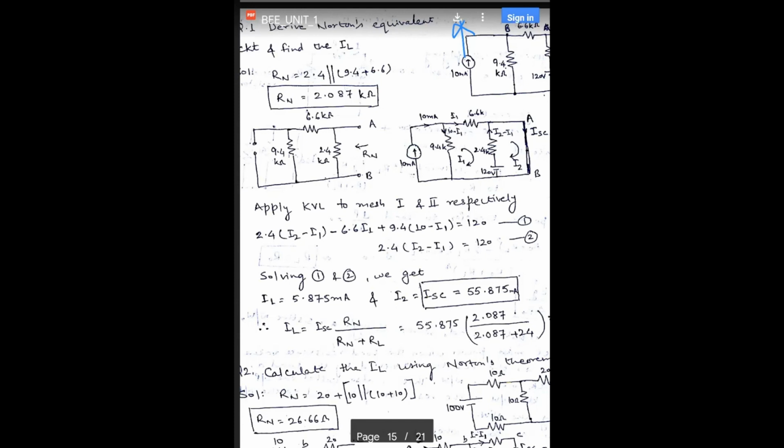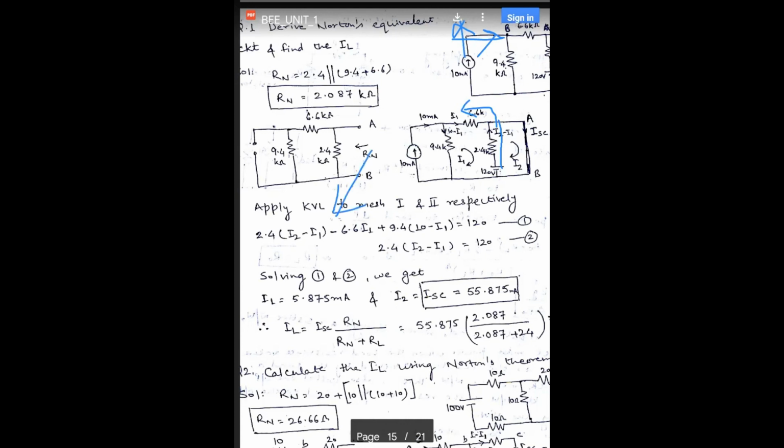So the 120 volt battery is enabling the current to flow in the anti-clockwise direction. So 2.4 times I2 minus I1. Now we have reached this 6.6. The direction is different: our direction was from LHS to RHS, but now KVL is being considered in the anti-clockwise direction, so this minus sign is appearing.